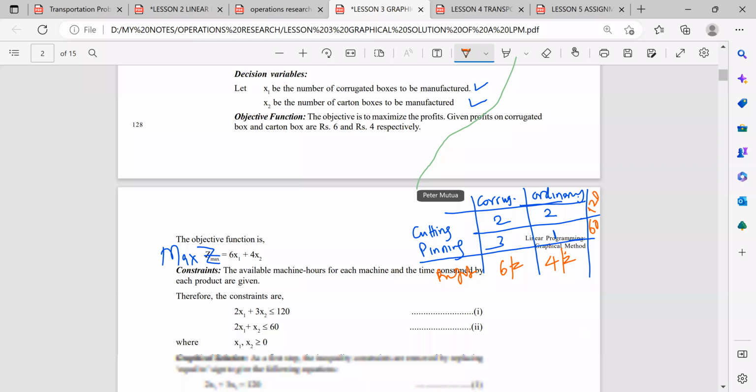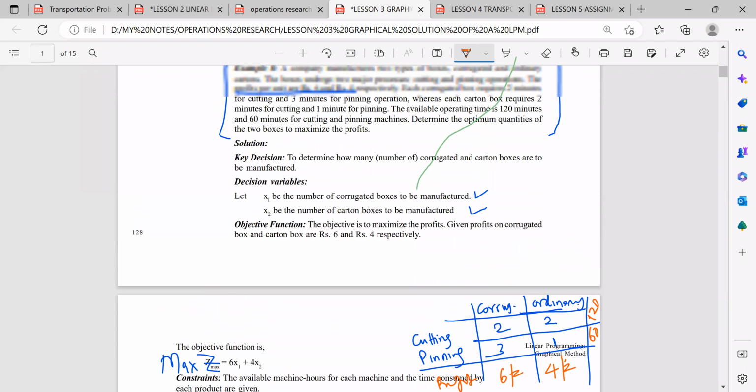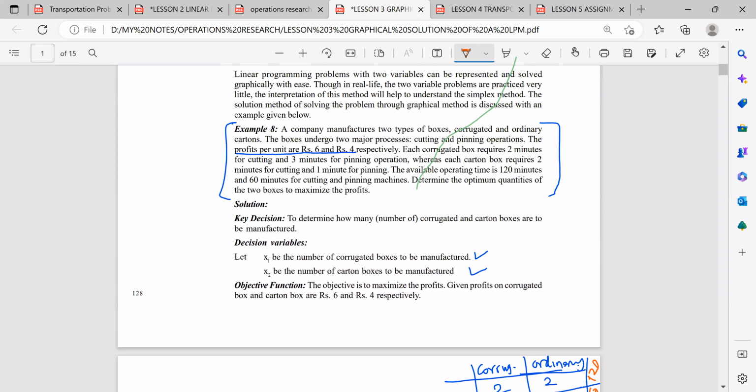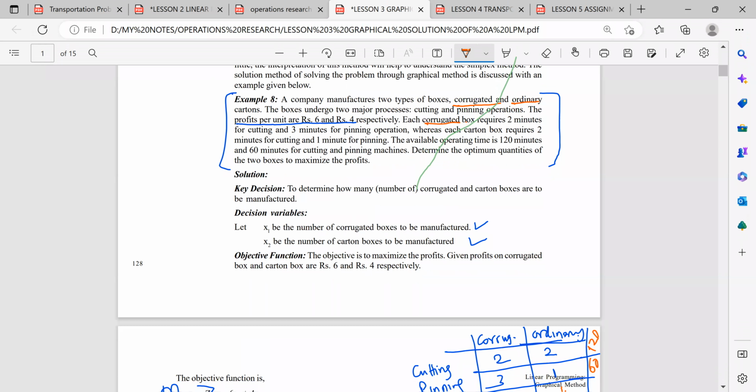I don't know that we have the right equations in the problem. Did I interchange this information? We have two types of boxes, corrugated and ordinary. The boxes undergo two major processes, cutting and pinning, which is okay. The profits are 6 and 4. Each corrugated box requires 2 minutes of cutting and 3 minutes of pinning, which is okay.